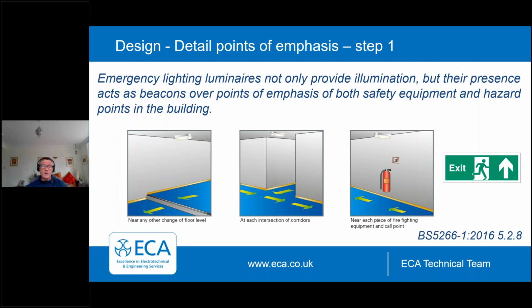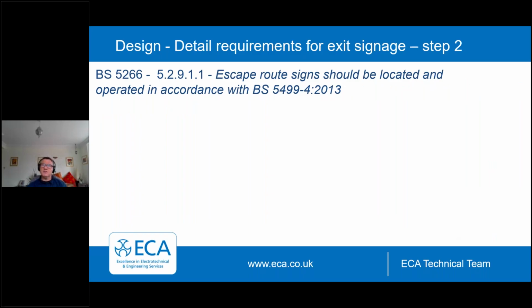Any other change of floor level, not just stairs, any change of direction, any intersection of corridors, and we've already mentioned firefighting or first aid equipment. So our points of emphasis, we would need to detail on our plan. So once we've got that established, we might then consider the signs.